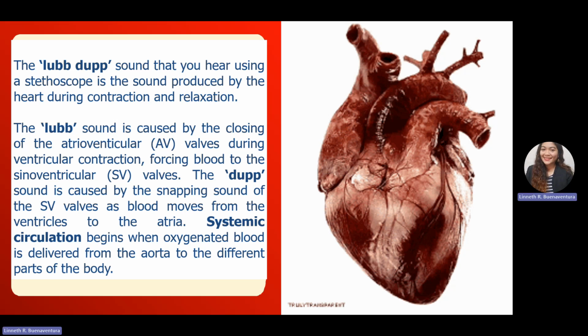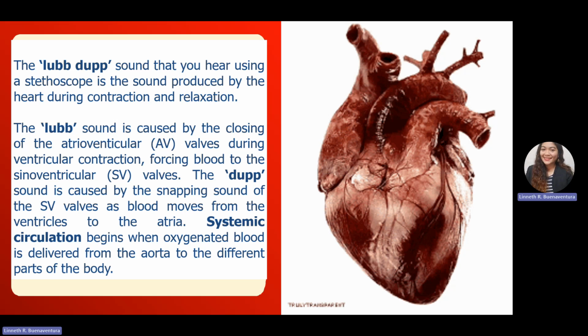The lub sound is caused by closing of our atrioventricular valves during the ventricular contraction. So when the ventricles are filled with blood, it forces the blood against the atrioventricular valves, which creates the lub sound.